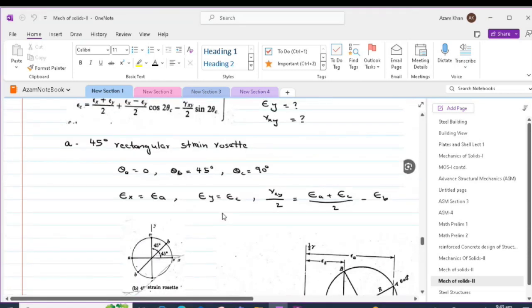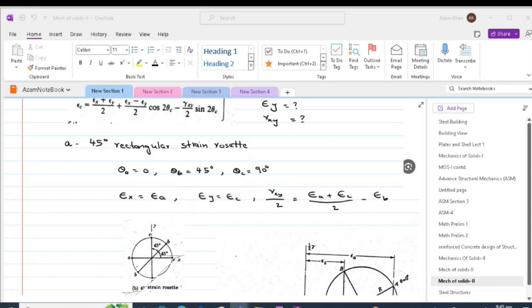This combination of strain gauge arrangement is known as a strain rosette. The three gauges are electrically insulated from each other and are used to determine the strain at the surface of the structure to which they are attached. We can use Mohr circle of strain for each of these rosettes.